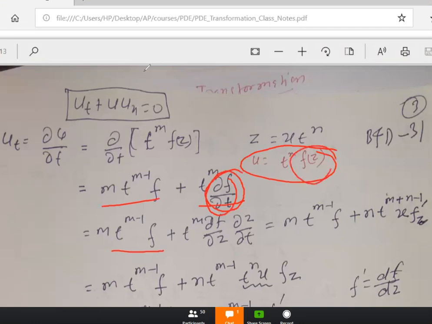So you will get this, and you further solve it, you will get this. Now if you note, this f is a function of only one variable. That's why this prime is there. Whenever now onwards you get the prime, it means with respect to z.